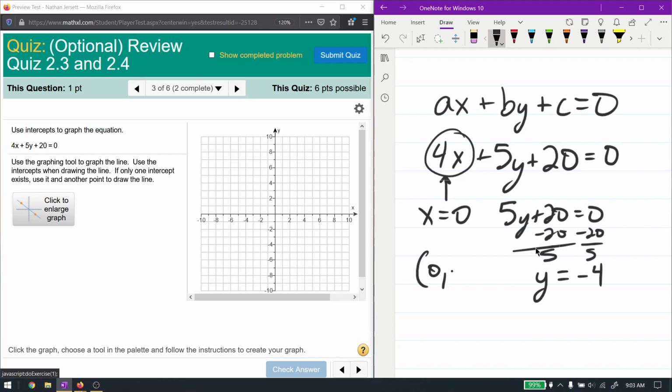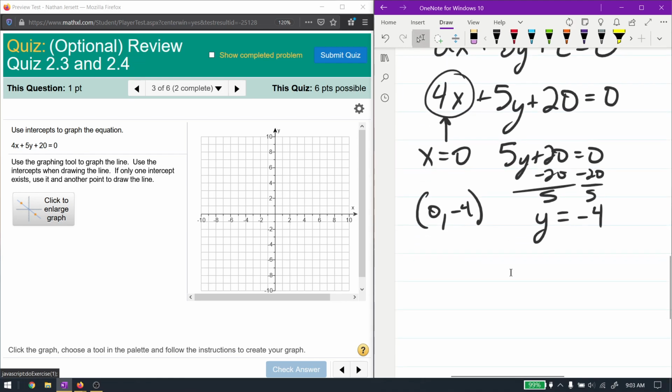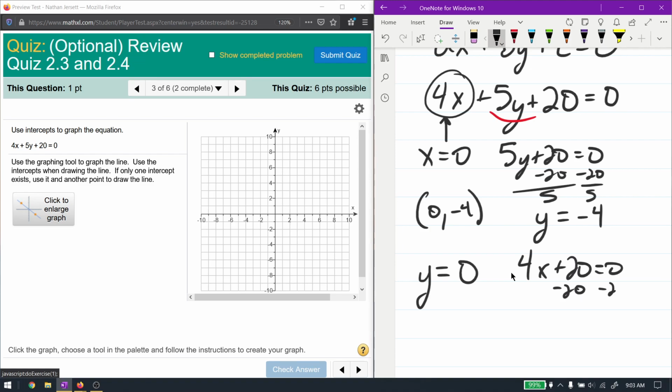So we have 0, -4. This is the y-intercept. And the x-intercept is when y equals 0. That means this 5y term is going to be equal to 0. So we get 4x plus 20 equals 0. Subtract 20 and then divide by 4. We get x equal to -5. So our x-intercept is -5, 0.